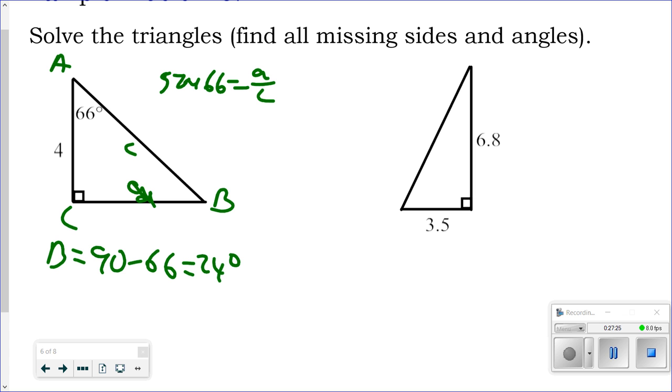Okay, so let's set it up with the cosine. Cosine of 66 degrees is equal to 4 over C. I can use that to find C. For snorts and giggles, because that's not going to be an easy one, let's set up the tangent.